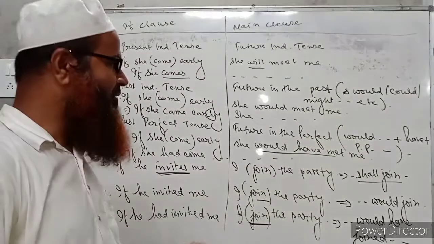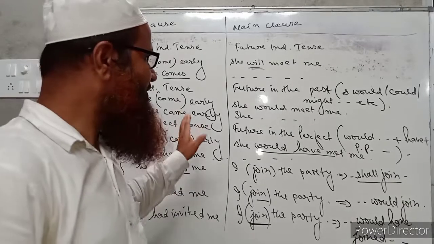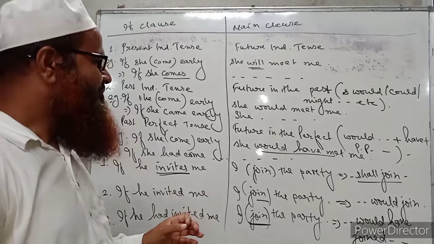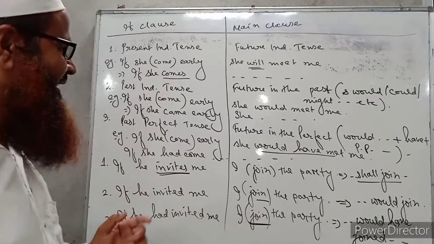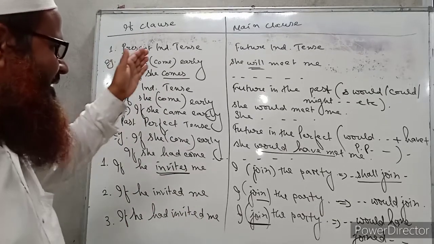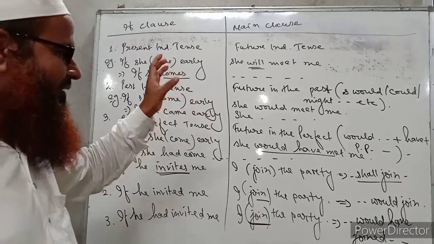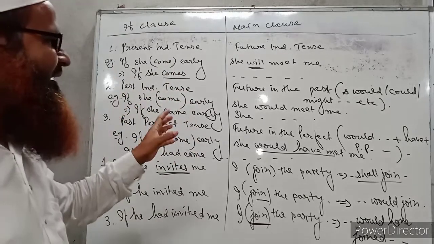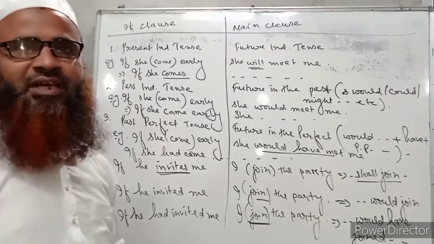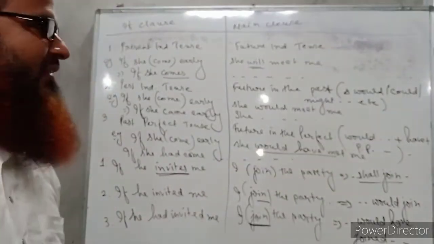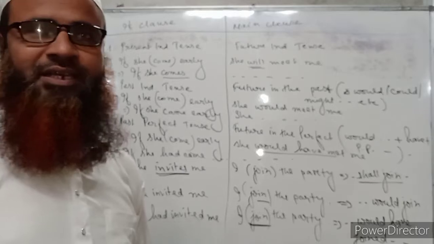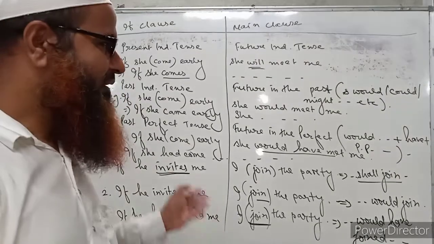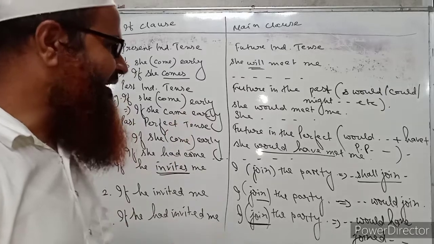So I hope all of you have understood these conditional sentences very well, and please look at the board again and see how the chart shows you the rule, and you must remember it in this way. In most of the examinations, these conditional sentences are asked to test your knowledge regarding tense.